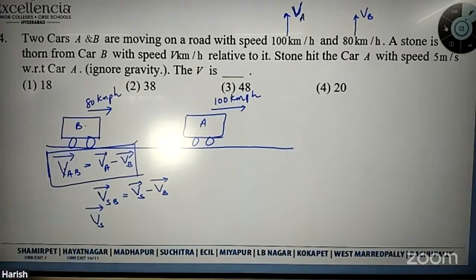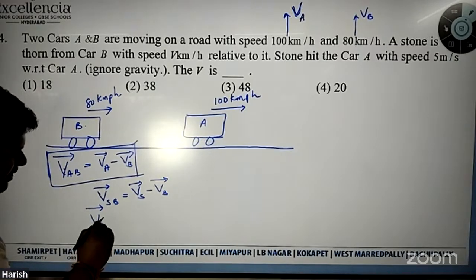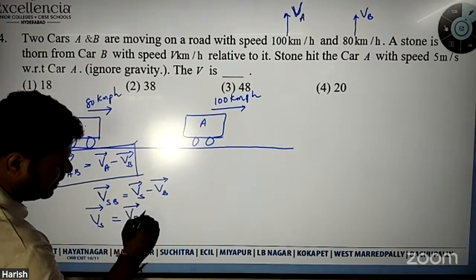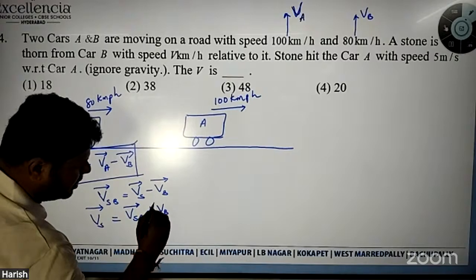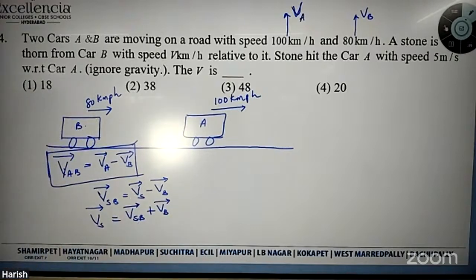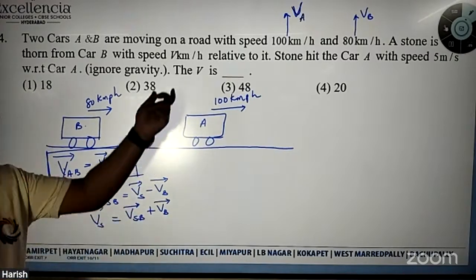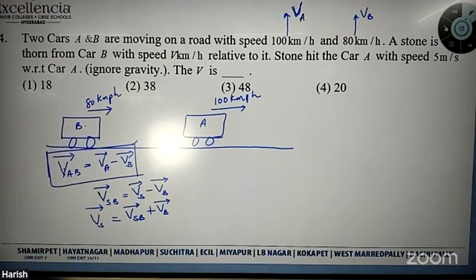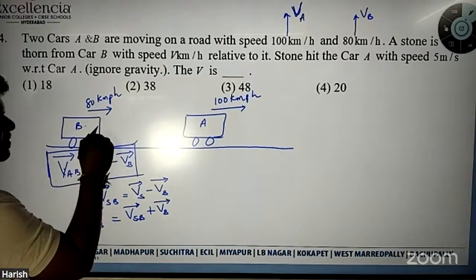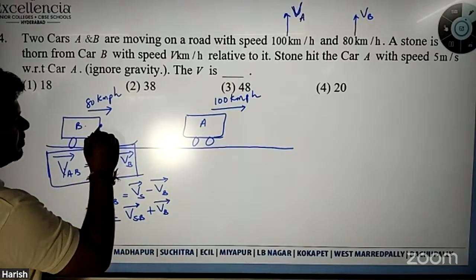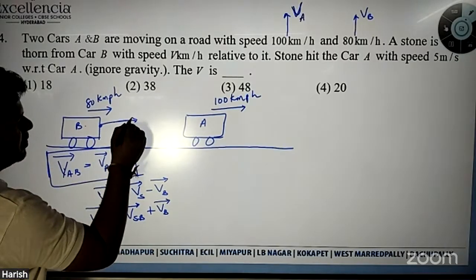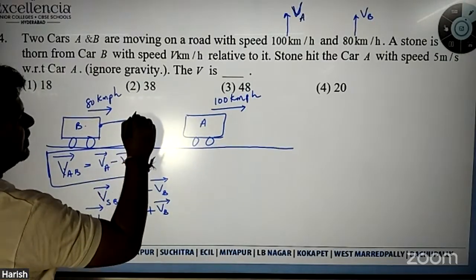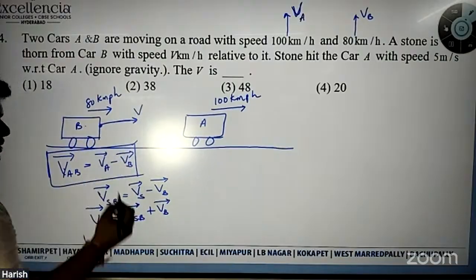So the absolute velocity of the stone is the velocity of stone with respect to car B plus the velocity of B. This is given for us, which is V, and this is also given for us, which is 80. This is how he is showing the stone thrown with the speed V relative to it.